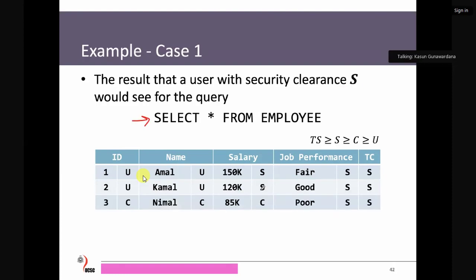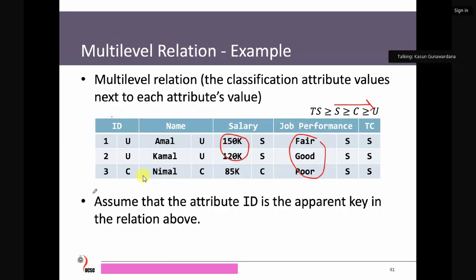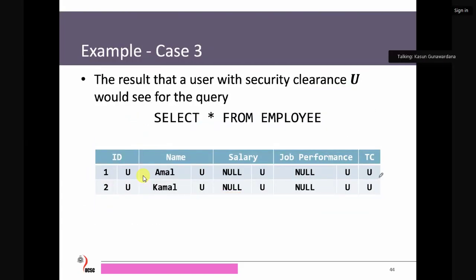Why? If you take the original table, row number 3 completely contains data which is not at the unclassified level or lower. So all the data here are at a higher level than U, right? Therefore, that will not appear.